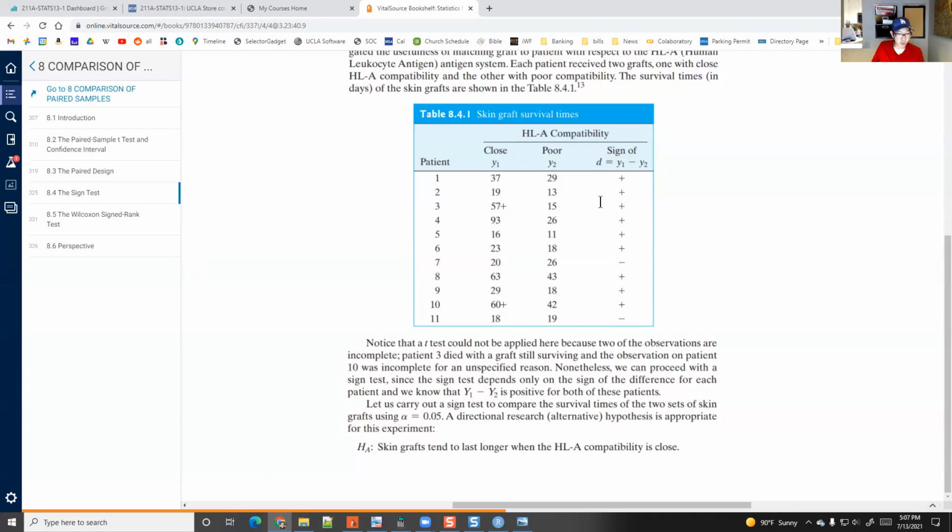We have a question. It says, will we ever be given a situation where we have to determine if it's better to use a paired t-test or a sign test? Looking ahead to the final exam, I'm going to have a section where I will describe a scenario, and I'll ask you, what's the appropriate test to use here?